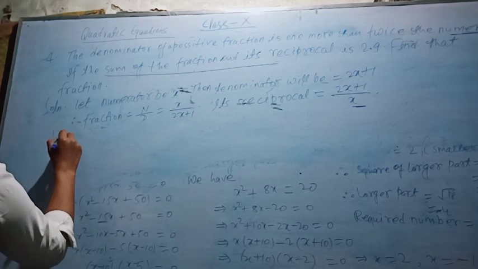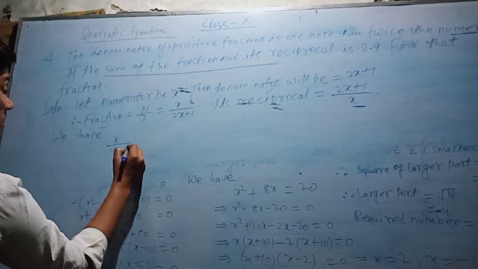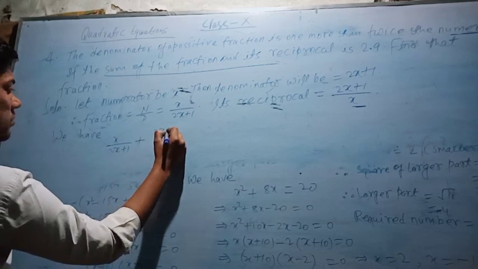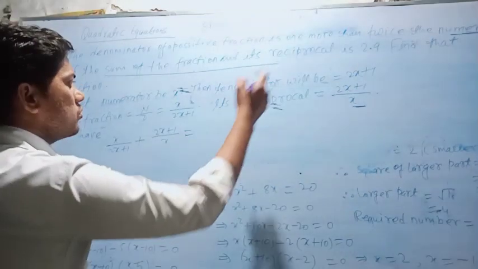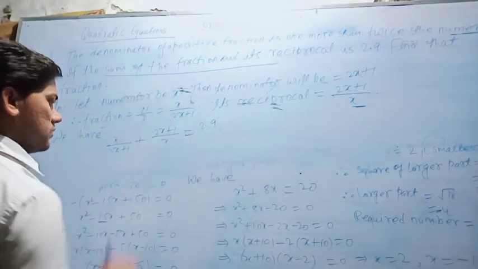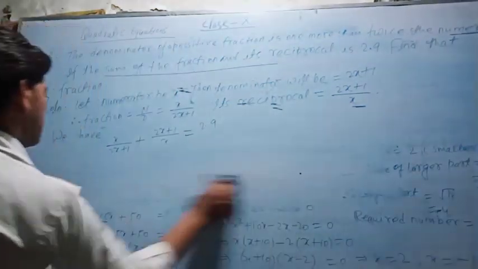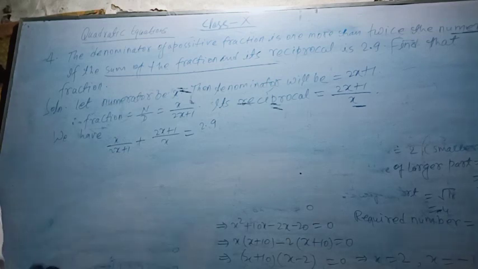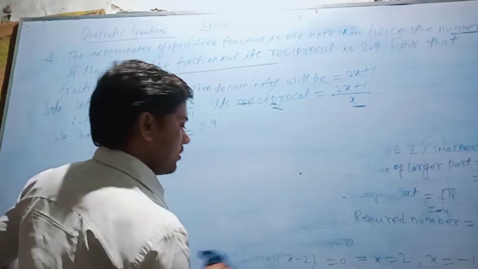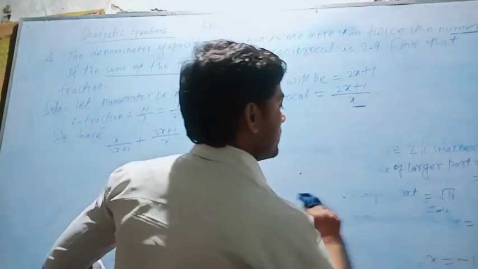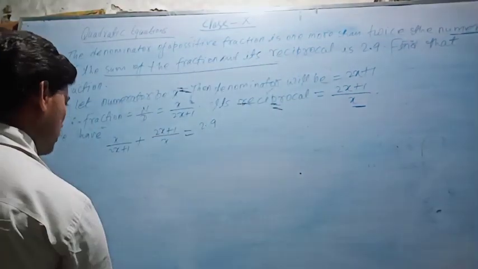We have x upon 2x plus 1 plus 2x plus 1 upon x is equal to 2.9. 2.9 can be expressed as a decimal fraction, which is equal to 29 upon 10.